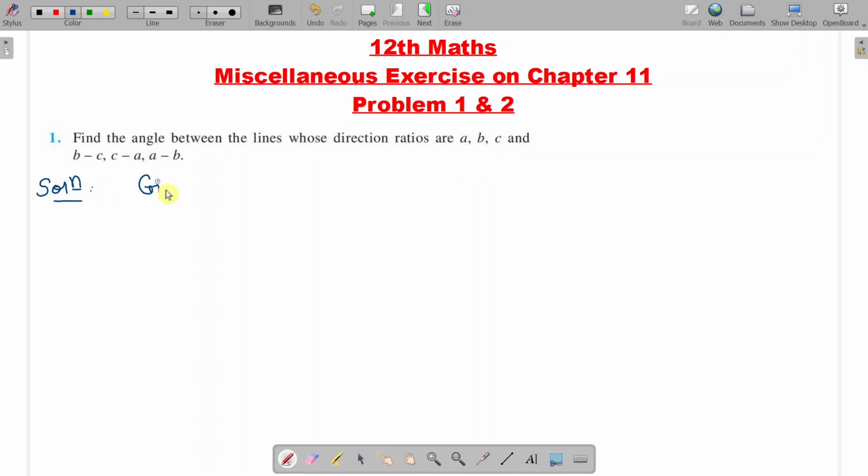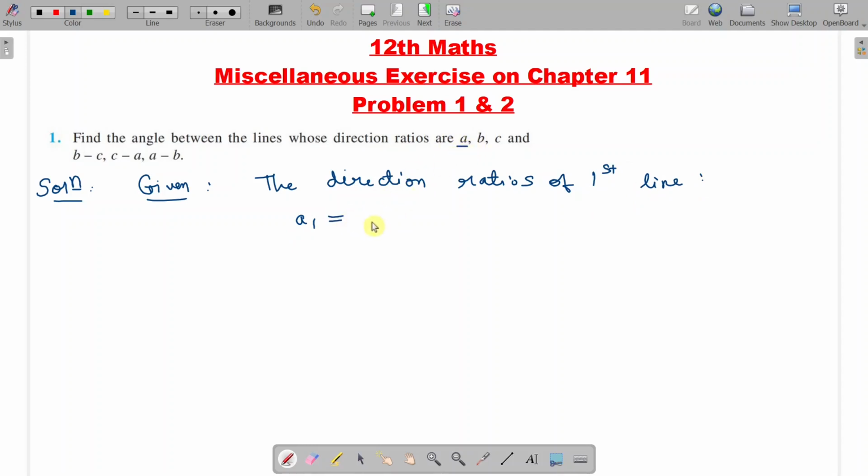So given, we will write it first. The direction ratios of the first line, we call them A1, B1, C1.